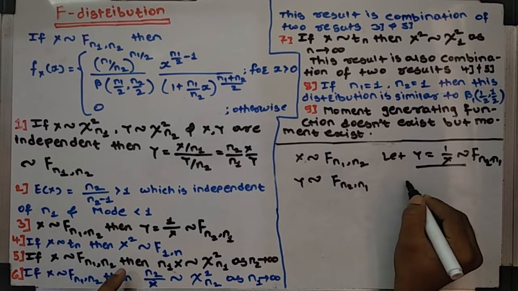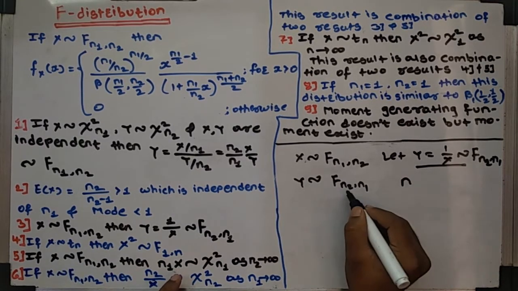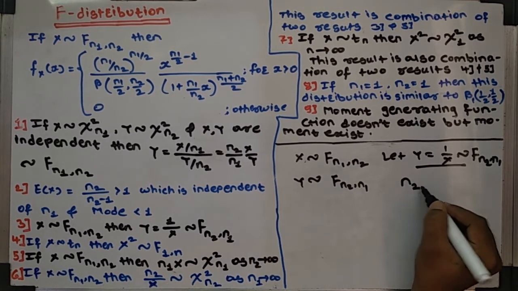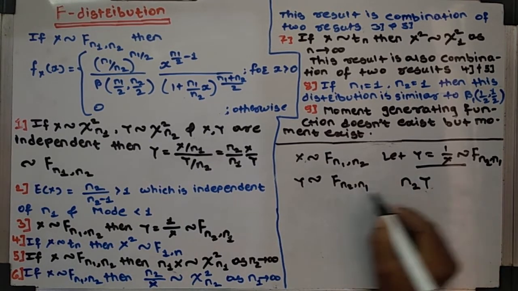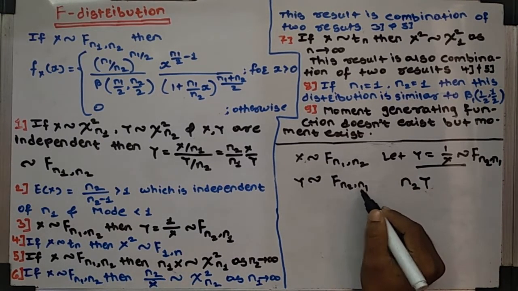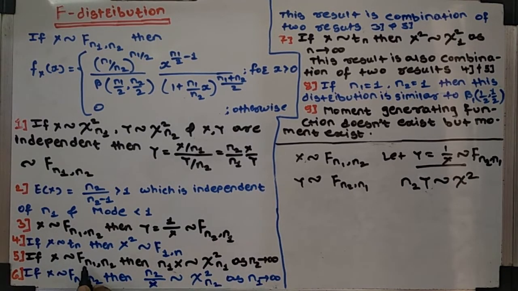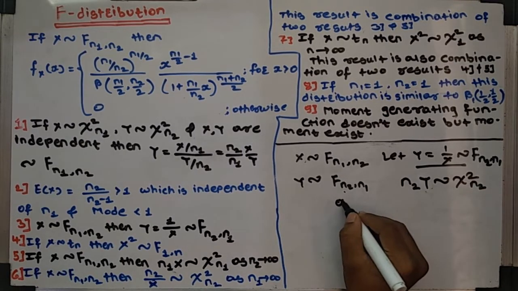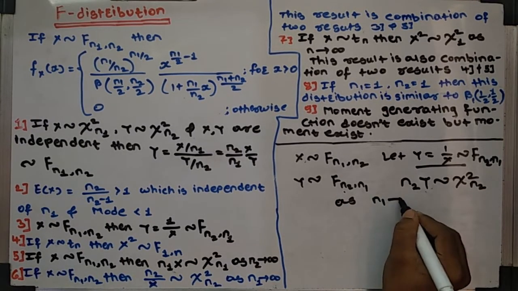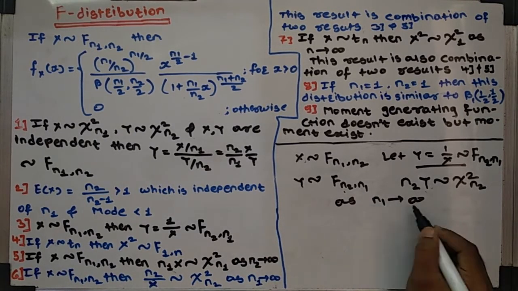From this result, first parameter into the variable, therefore here the first parameter is n2, so n2 into Y, because Y follows F with n2, n1, follows chi-square with n2 as n1 tends to infinity, because here the second parameter n1 tends to infinity.